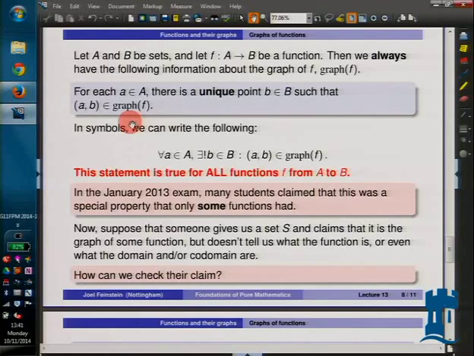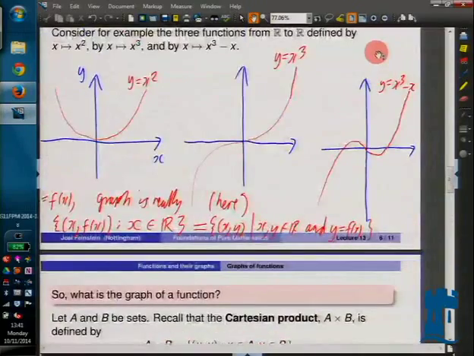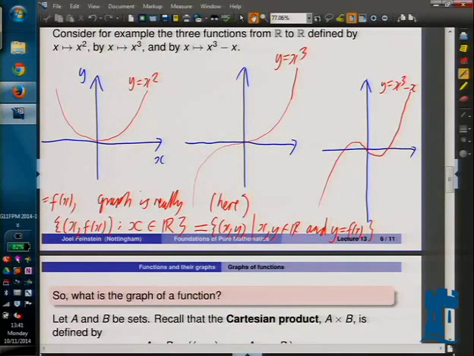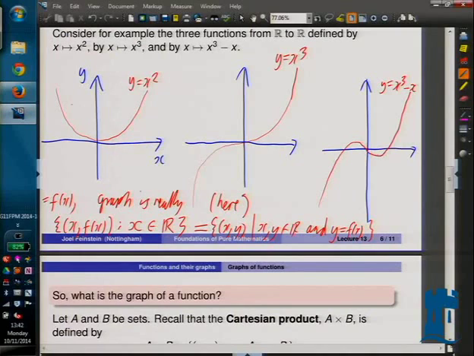I'm just going to nip back to one of the graphs of an earlier function. If you look at a vertical line, it doesn't matter which vertical line you look at, as long as you stay in the domain. It doesn't matter how weird the function is. Each vertical line meets the graph exactly once.